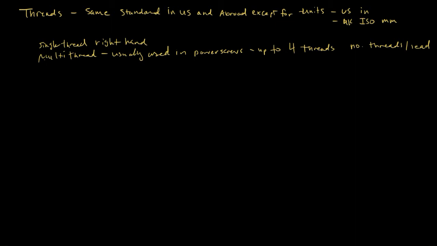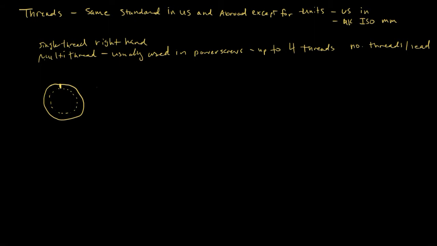And we'll just write down what that looks like here. So we have the outer diameter of a screw, and this is the inner diameter of the screw, and this is the thread of the screw out here. And if this is where the lead starts, the thread starts and stops, then we call it single threaded.